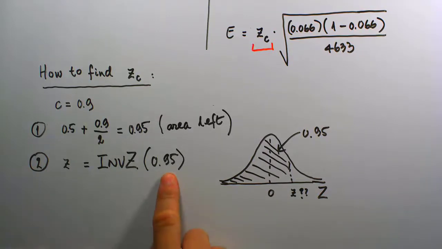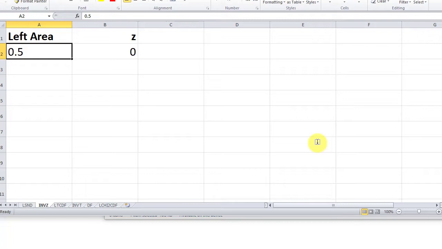Here the designated area to the left of our unknown z-score is 0.95. So what z-score is that? That's what we're finding out. And here again, allow me to demonstrate how I use my INVZ program, but that's a Microsoft Excel file. If any one of the viewers here is my student from statistics courses at different colleges, then you have this program uploaded on the class website, and feel free to download it and use.